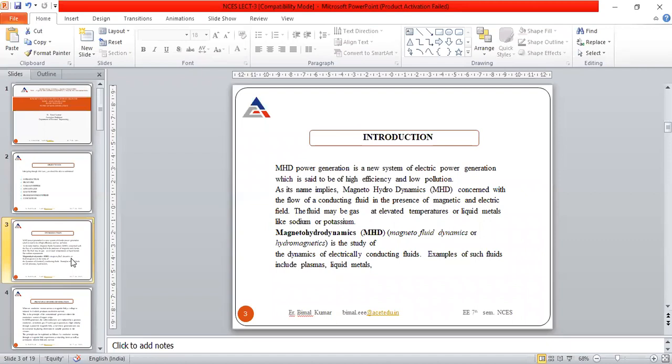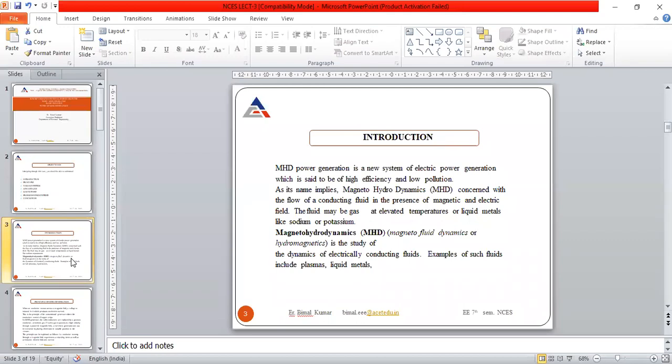Because if you are talking about a nuclear power plant, the waste of that is very harmful. Diseases like cancer are basically due to the residues of uranium or thorium. But in the case of the MHD generator, there is no such pollution. So that means this will be beneficial for us in comparison with other types of conventional power plant.